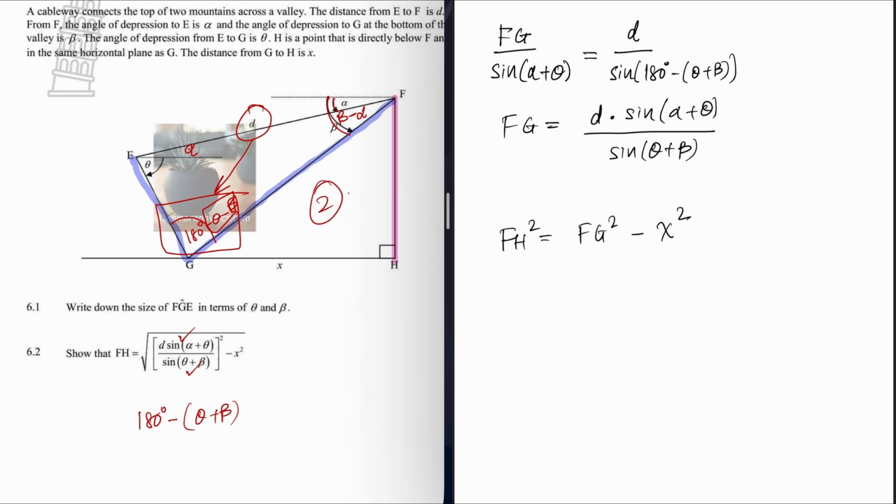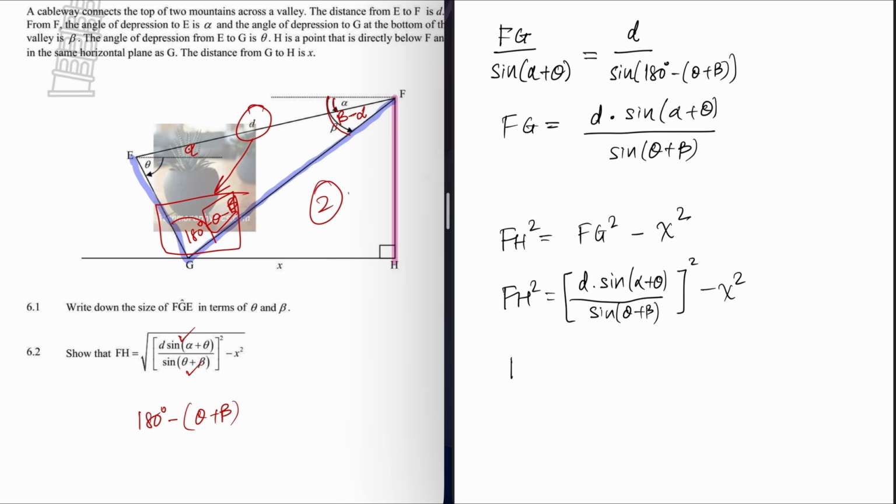So FH squared is going to equal FG squared, so that's going to be D multiplied by sine of alpha plus theta all over sine of alpha plus beta, and this entire thing is going to be squared, and then minus x squared.